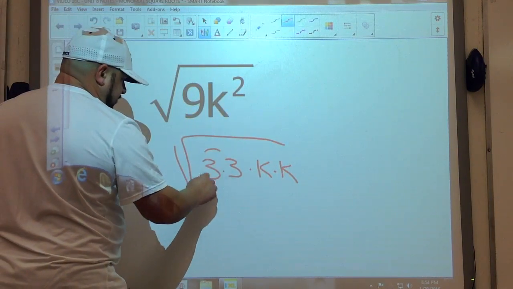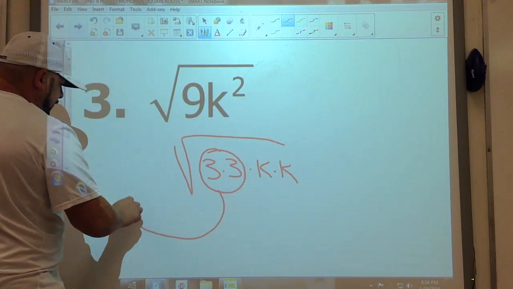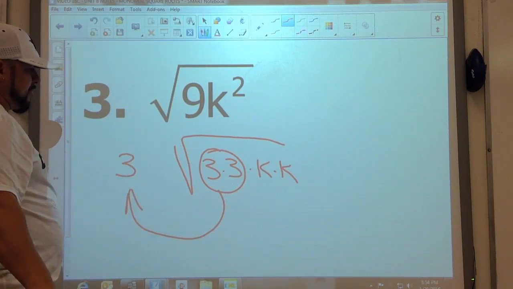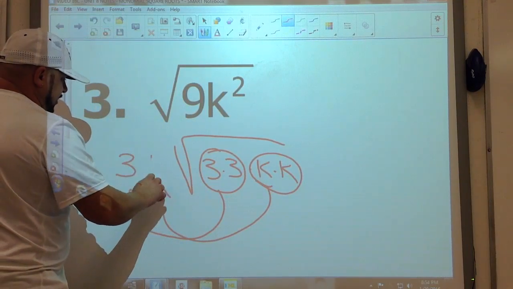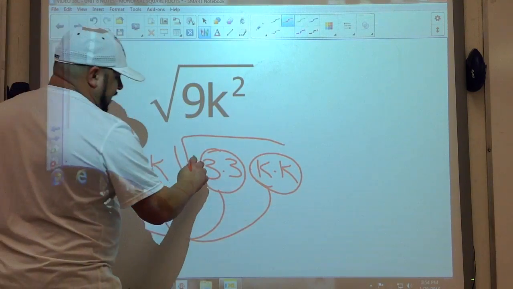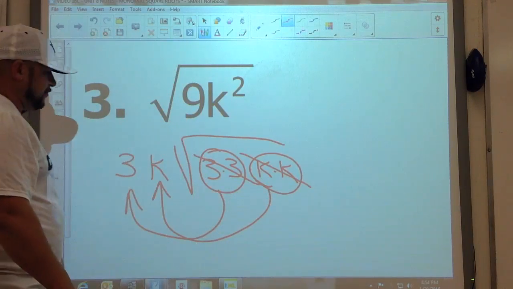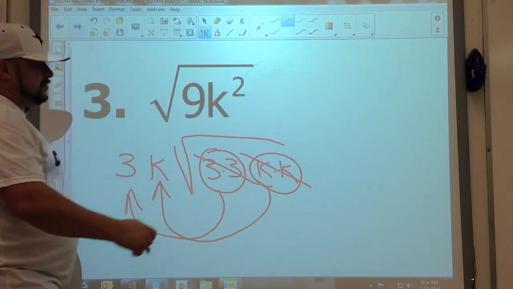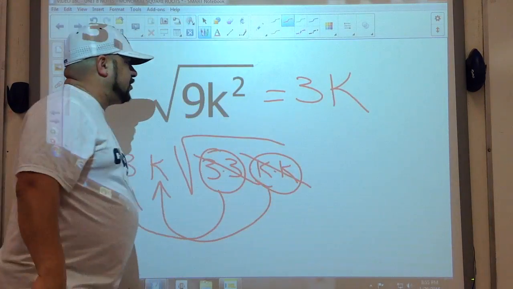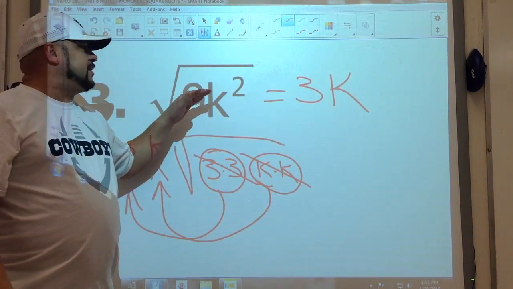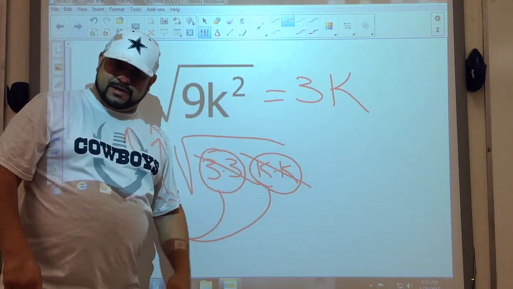So we know that's one set of 3's. That can be represented out here. And we have a set of k's. That can be represented out here. So that's gone, that's gone. Now I have 3k. So your answer for the square root of 9k squared is 3k.